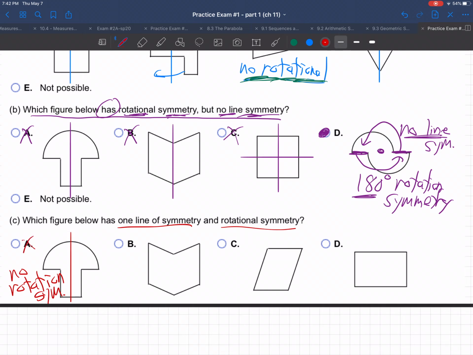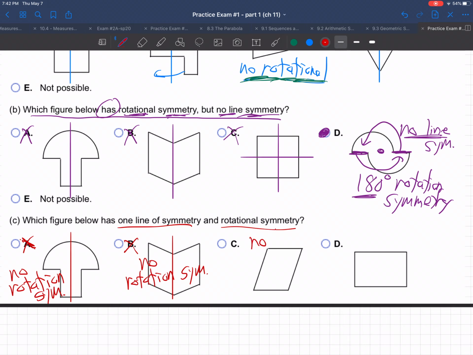So that's out. How about part B now? It has one line of symmetry, but again, no rotation. You can't turn it halfway around or any way and have it go back onto itself. So B's out. How about C?